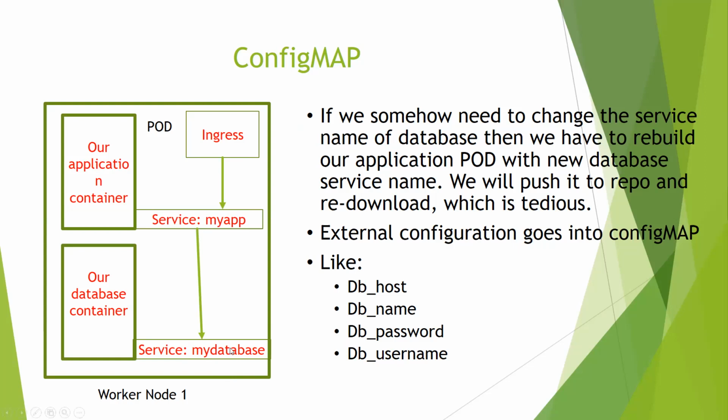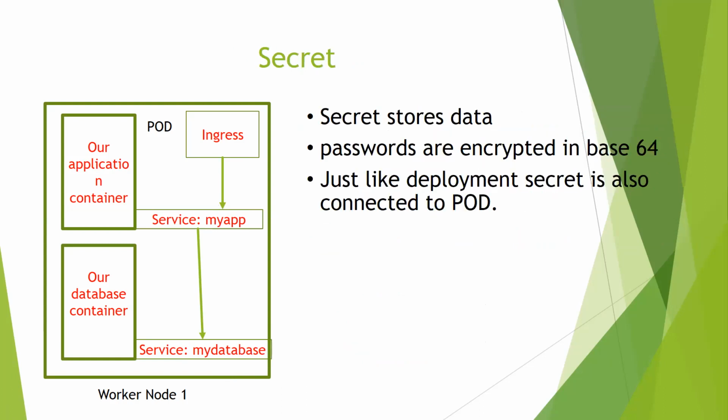So if we change the service name here, the application will have the same DB host, but on the back end we will tell that it will connect to this service. So config map is, we define external variables in config map. We will see everything in practice.